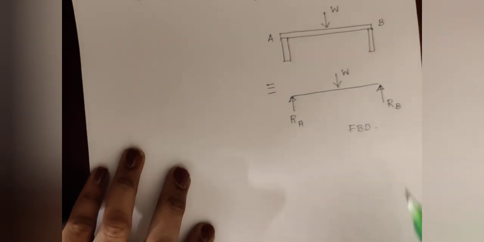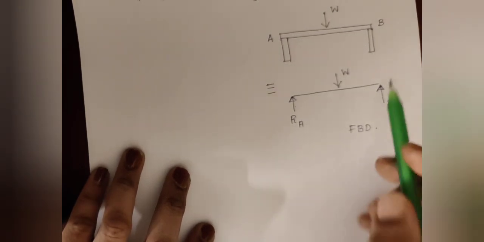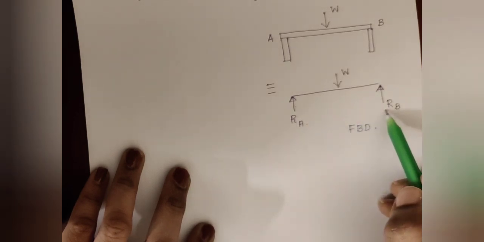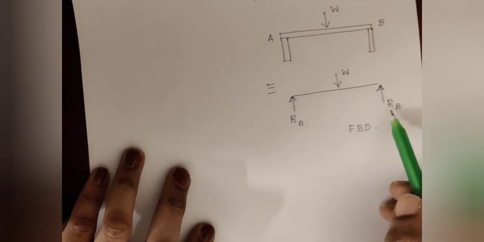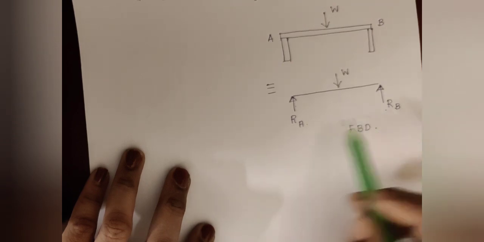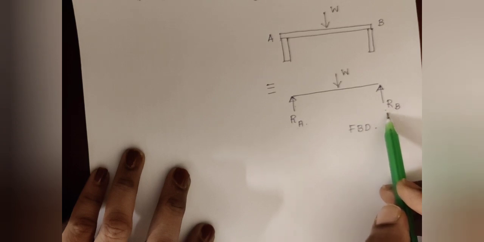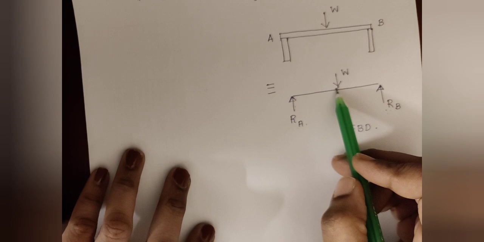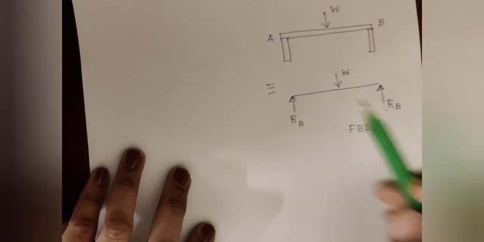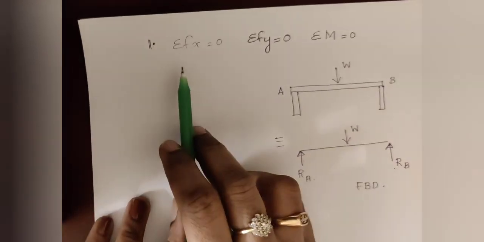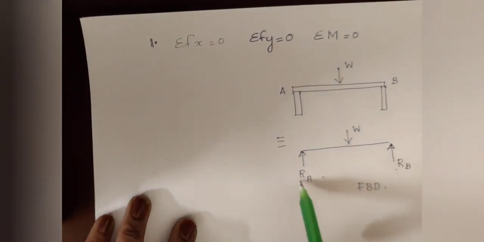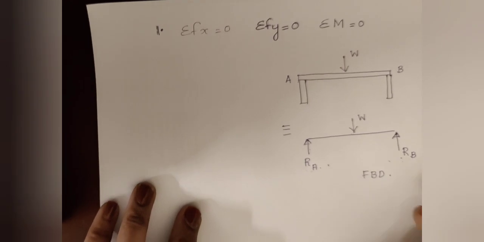While discussing this analysis, the first step is to draw the free body diagram. The reactions developed at the simple supports are RA and RB, and they, along with the load, form a system in equilibrium. So you can apply the three equations of equilibrium and calculate the support reactions.